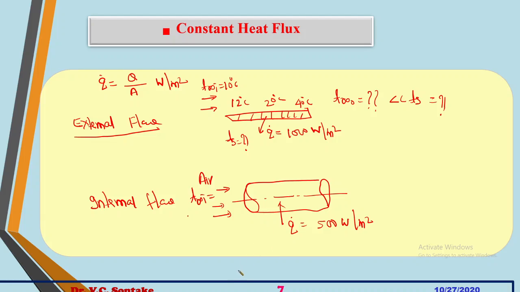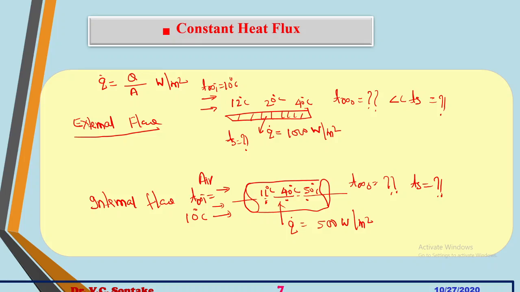Now in that case also, when air, let's say at 10 degrees Celsius, is flowing through this pipe, subjected to constant heat flux of 500 watt per meter square, its temperature will be increasing along the length of the pipe. And once again at the outlet, I am not sure whether the outgoing temperature of this air will be more than or less than the surface temperature, because it is also unknown to me.